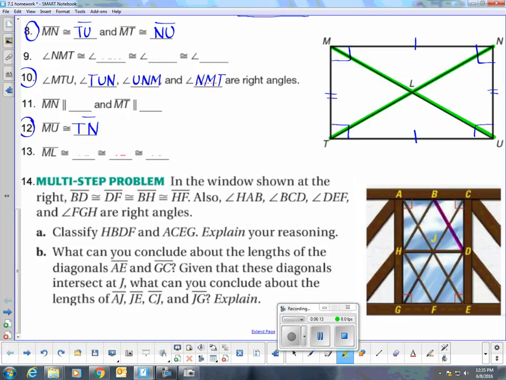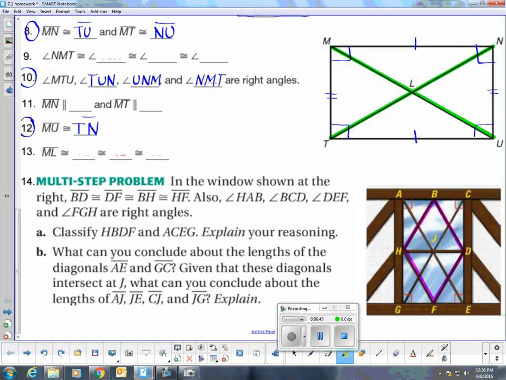segment BD is congruent to segment DF, which is also congruent to segment BH and segment HF. Also in the diagram, angle HAB is a right angle.